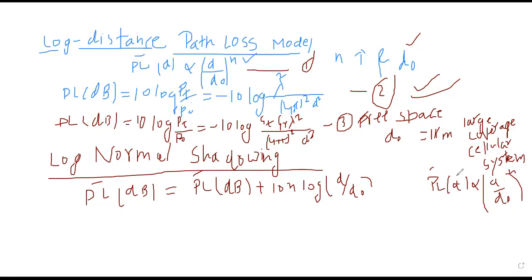Taking the log on both sides and putting in some constant, this is the equation written here. It is the model equation for the path loss.